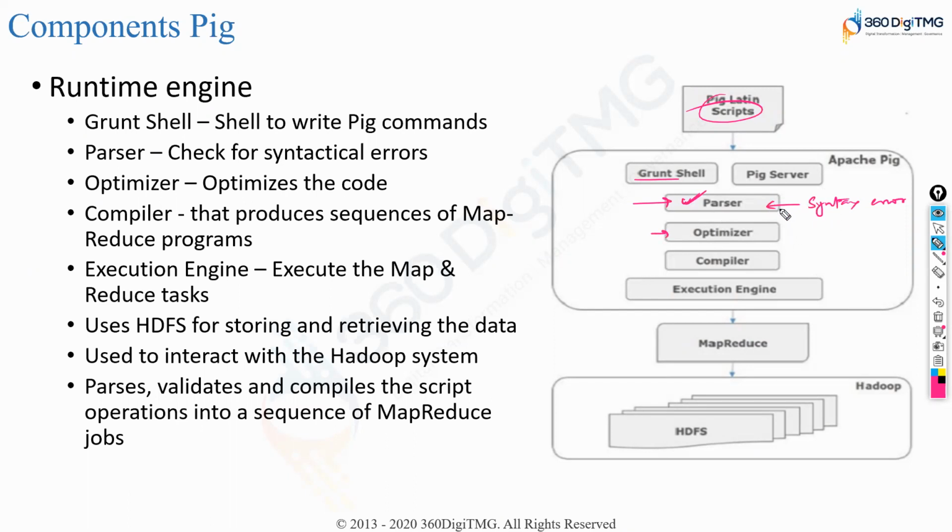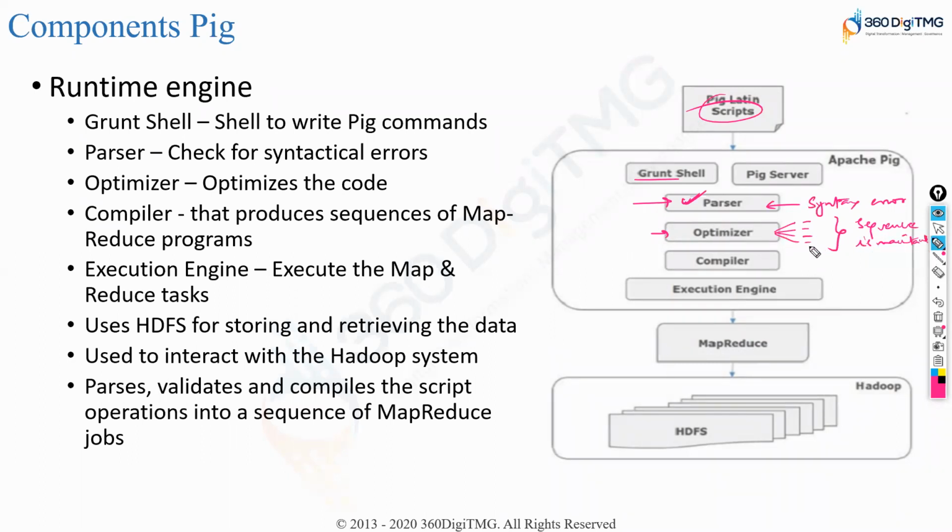Optimization is done for the code. This is basically deciding which command to run first, which command to run next. So we are optimizing the entire code. This makes sure that the sequence is maintained for your map and reduce tasks.